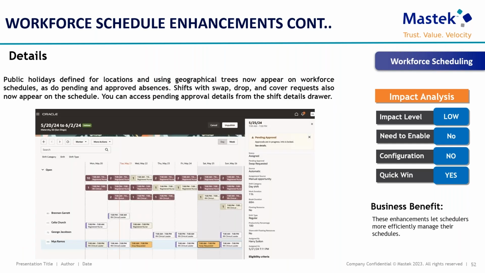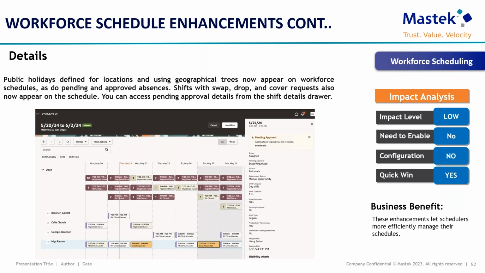The last one is that public holidays defined for locations using geographic trees can now appear on the workforce schedule. So if you want to add those holidays or public holidays based on the locations, that can also be available.